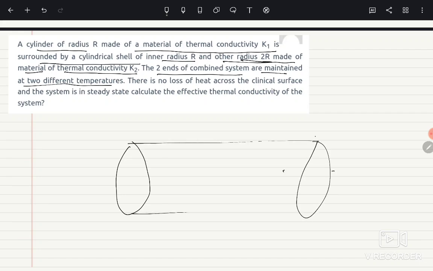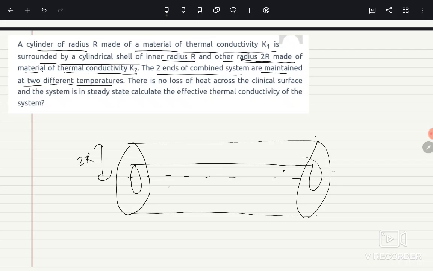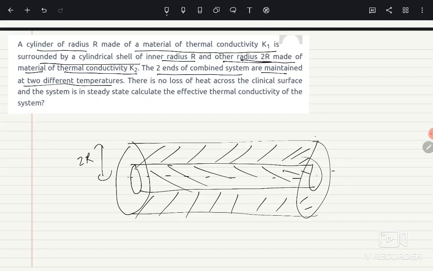The outer diameter of the combined compound cylinder is 2R, and there is another inner cylinder here. The outer structure is made of a different material and the inner structure is made of a different material, and its radius is R. The inner cylinder has conductivity K1 and the outer cylinder has conductivity K2.